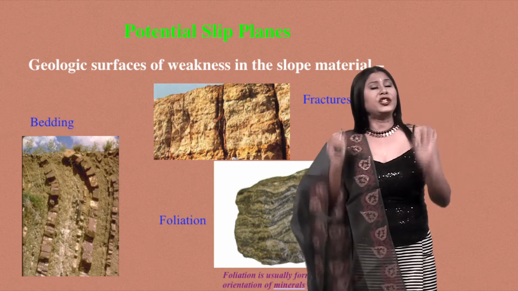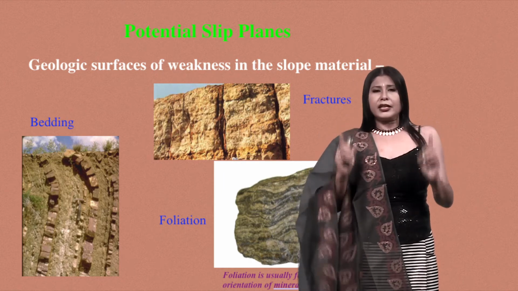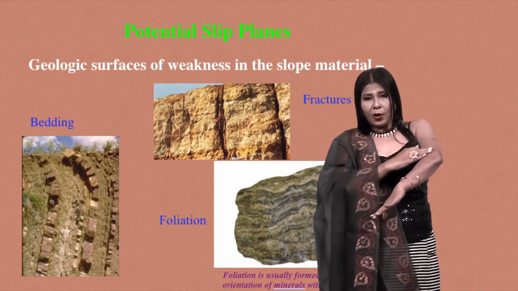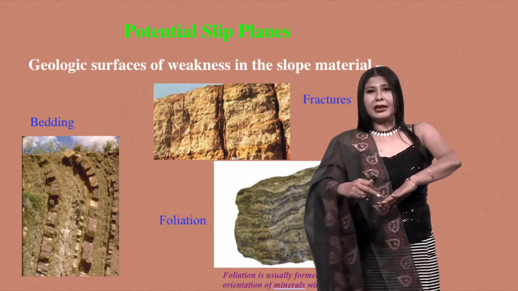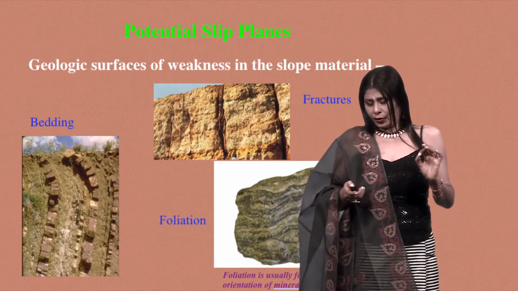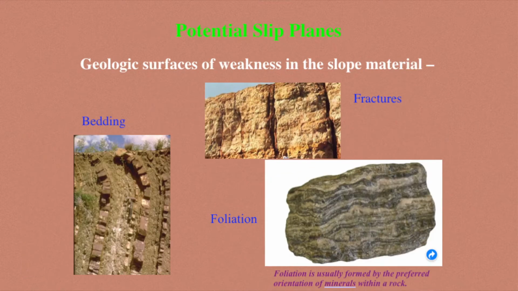And whenever we talk about mass movement, there is always a slip plane. That means it is always along a plane that the material is sliding down, and that also plays a very important role, because the geological setting plays a very important role.